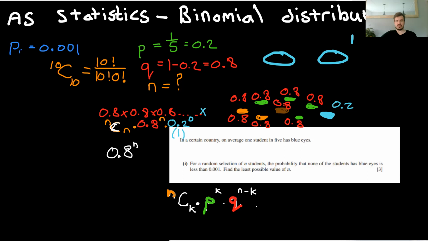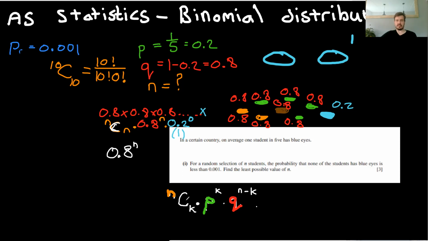Then N is the number of trials, or number of times you perform the test, and K is your number of successes. So let's look at how this would then work with the example that we've just done.